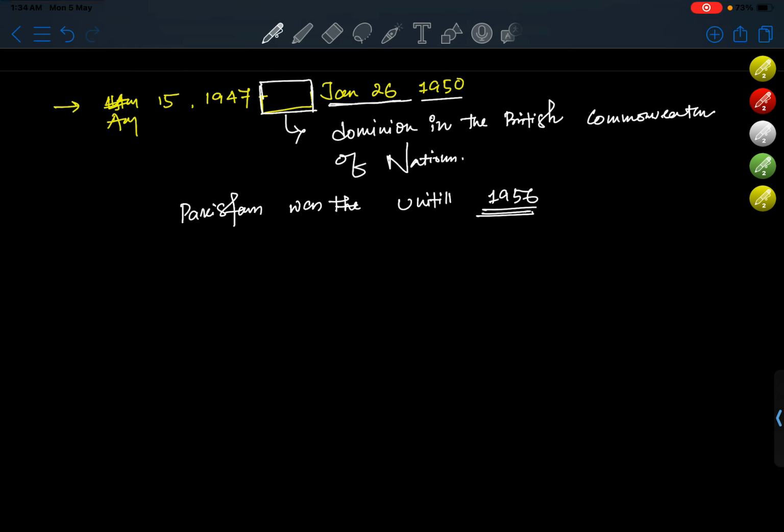This is also very important. In the exam, they ask one or two questions from this section, that is, sources of the Indian Constitution. See, there are a few sources. I will discuss them one by one.